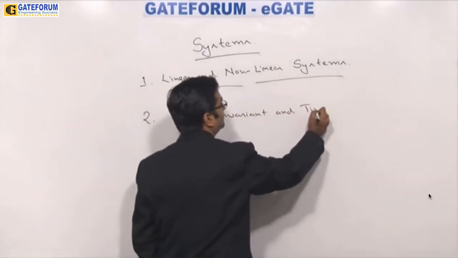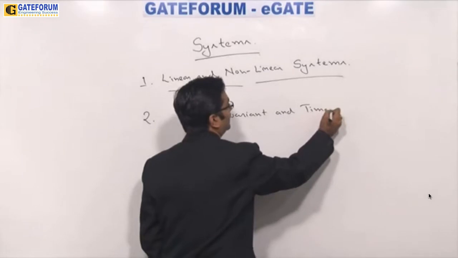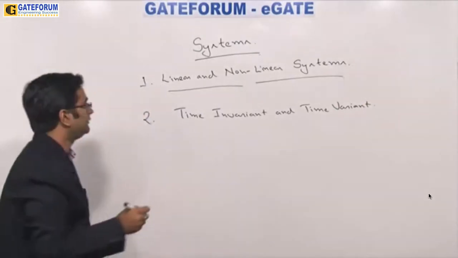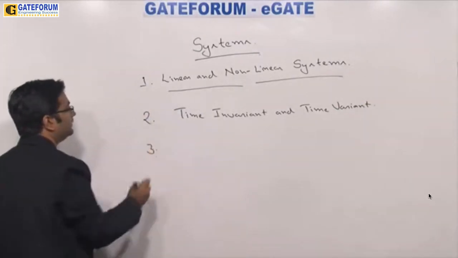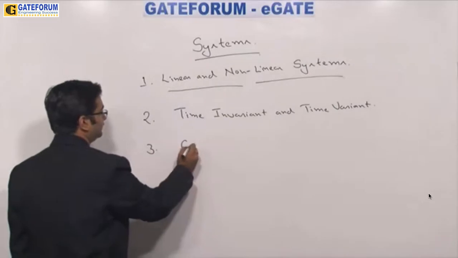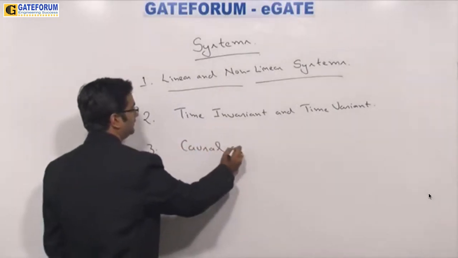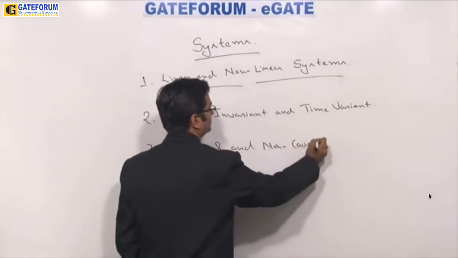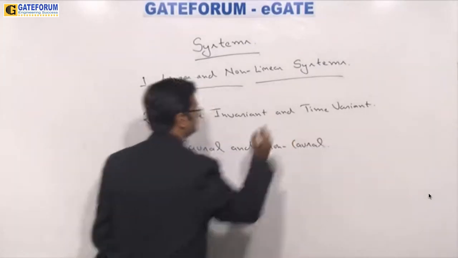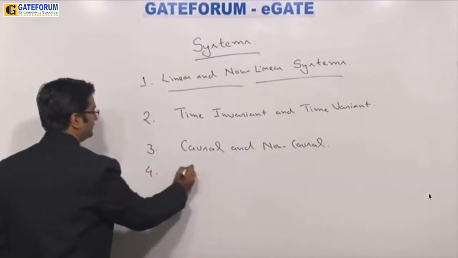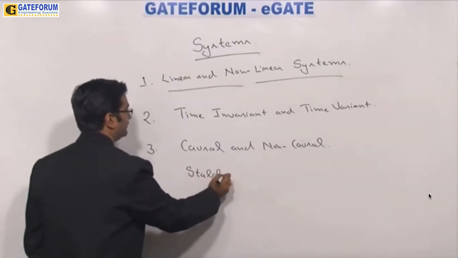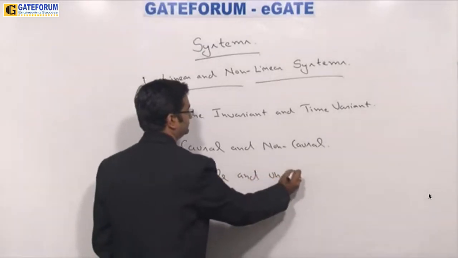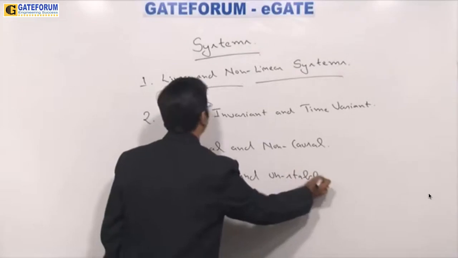Third, causal and non-causal. Fourth, stable and unstable. These are the important types.